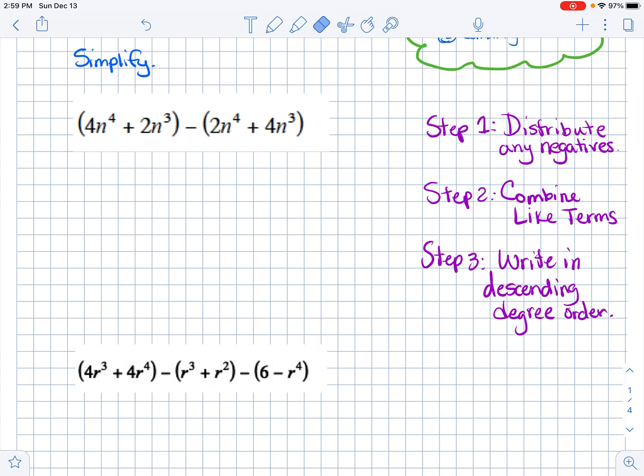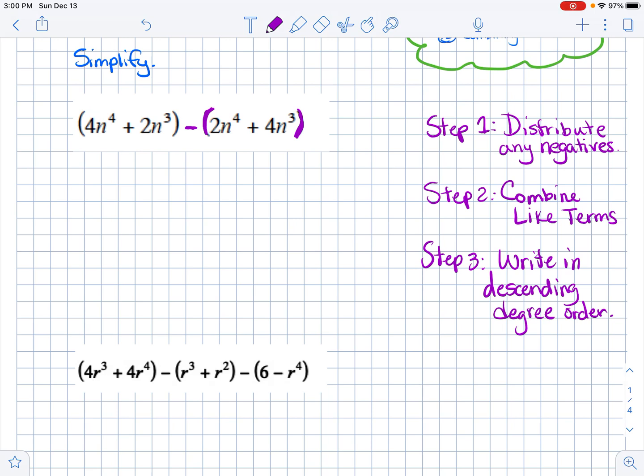We're going to simplify the expression 4n to the fourth minus 2n to the third minus the entire expression 2n to the fourth plus 4n to the third. Notice the minus sign in between those two expressions, and notice that the entire second expression is in parentheses. That means we're going to consider that whole expression as a group.